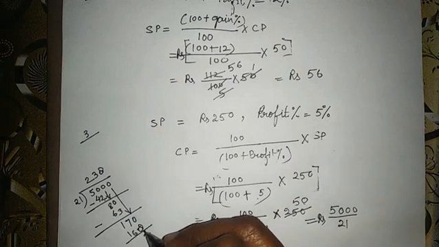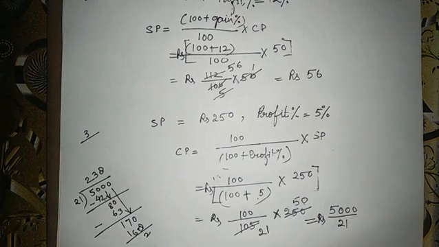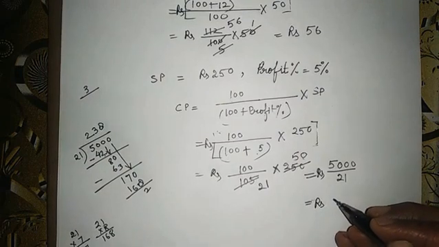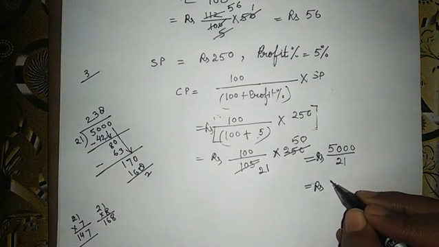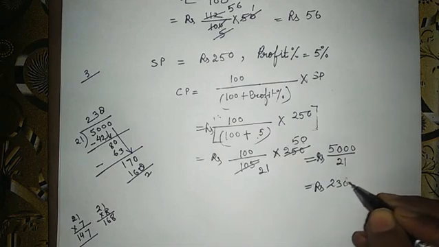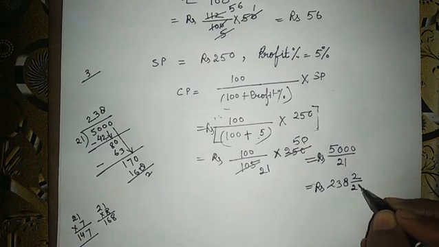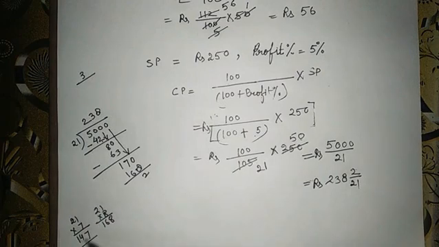Okay, and now the answer will be rupees 238 whole 2 upon 21. Students, by mistake I have not shown this calculation.